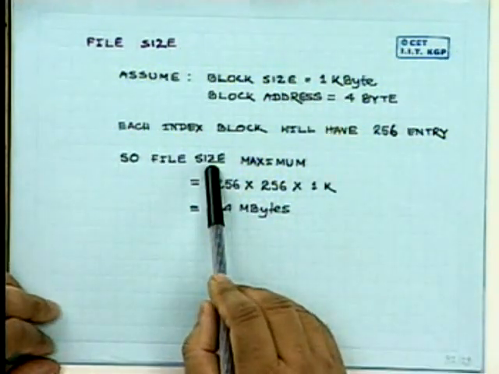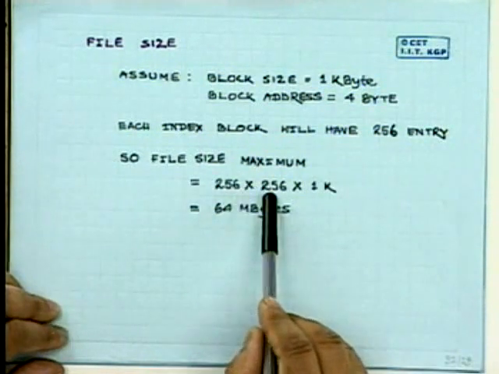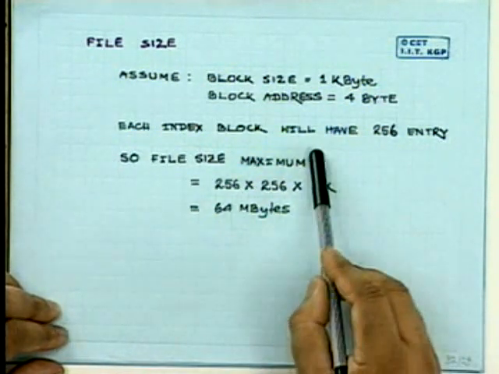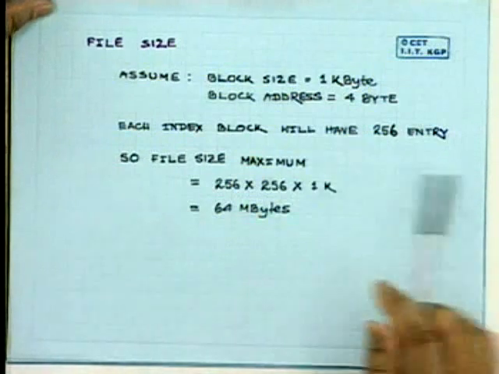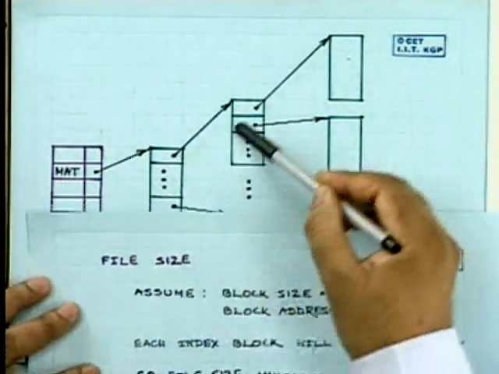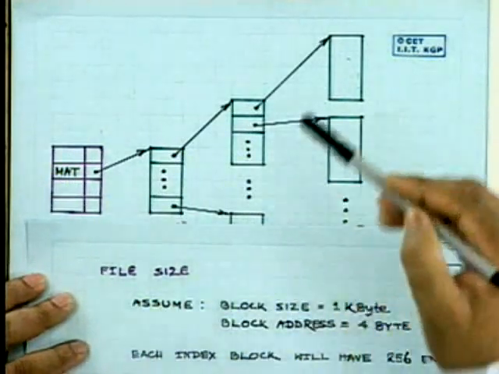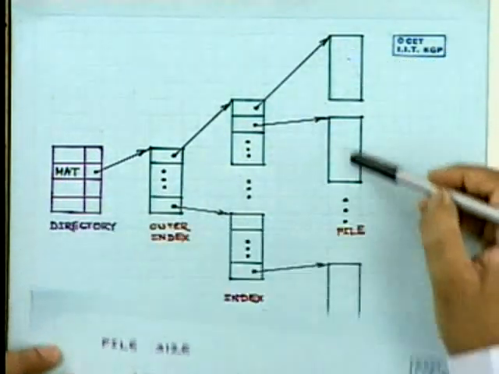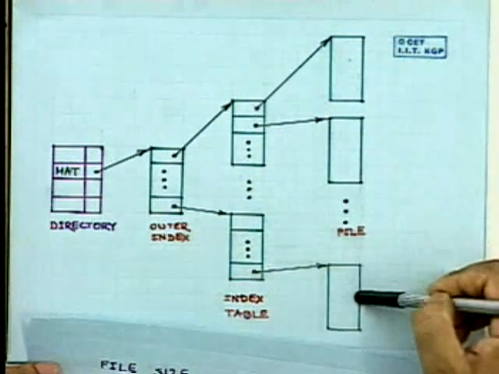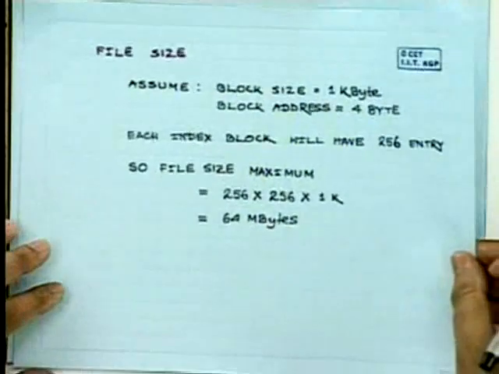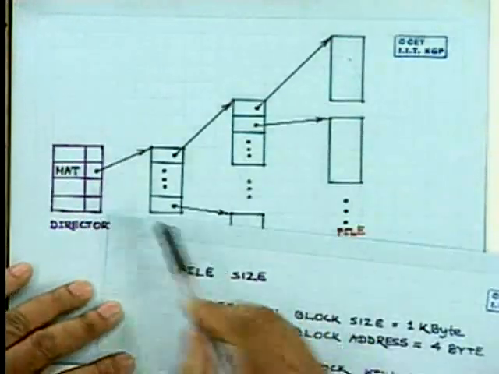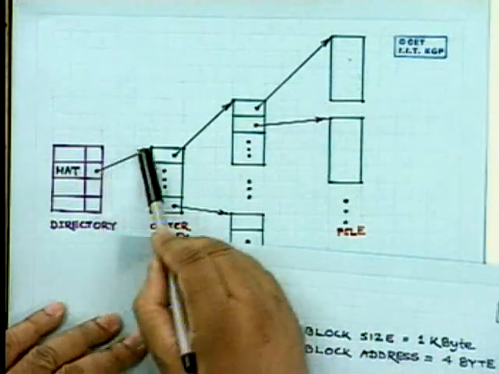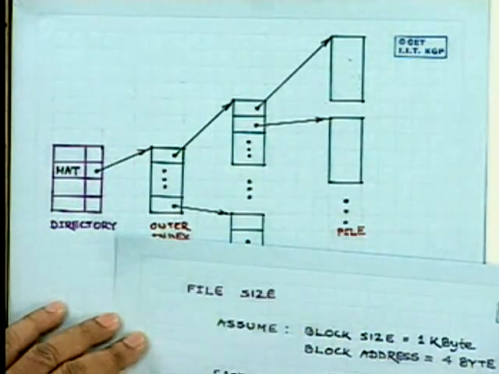So the file size will be 256 into 256 into 1K. That is the maximum file size we can accommodate. That means 64 megabytes. You see, this is 256 into 256 into 1K. That is the total file size that can be addressed by means of a single entry of the directory.